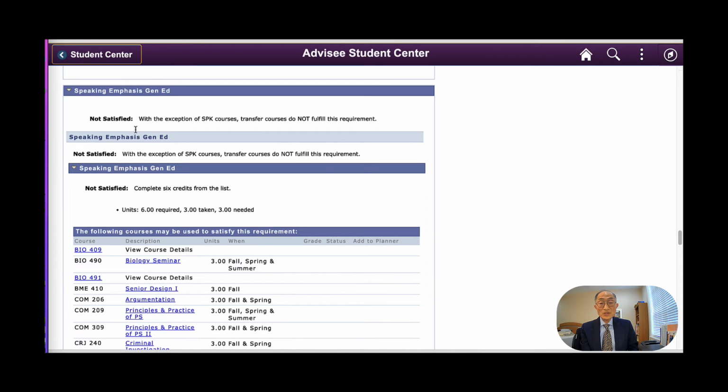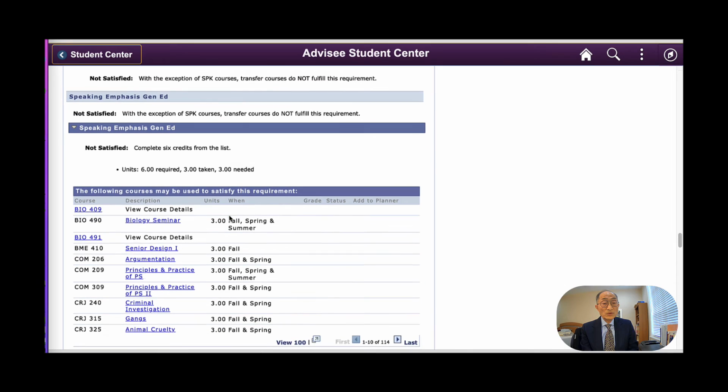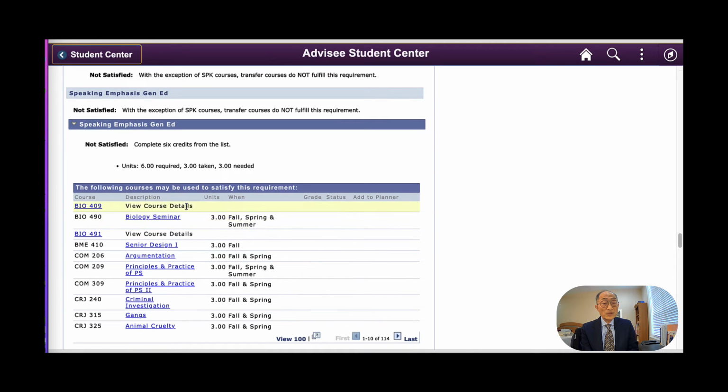Then you need two other courses depending on the number of credits you transferred in. And here says the same thing, but it separates the first choice. It only says 6 credits required, 3 needed. If you took one, only 1 is needed.